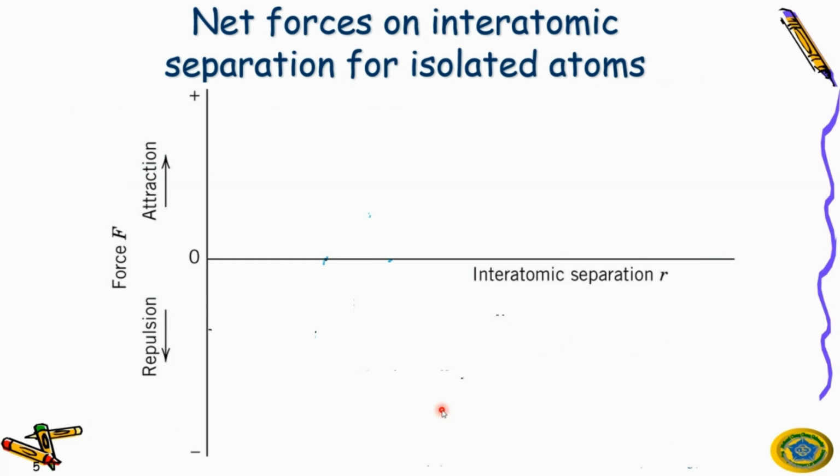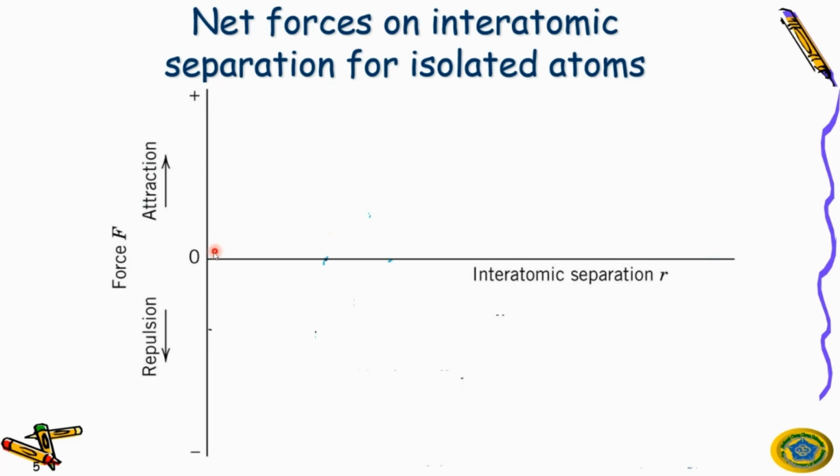So let's assume there are two atoms and they are very far away in the beginning, and how do they get close to each other? This plot tells you that the x-axis is interatomic separation, which is the distance between two atoms.